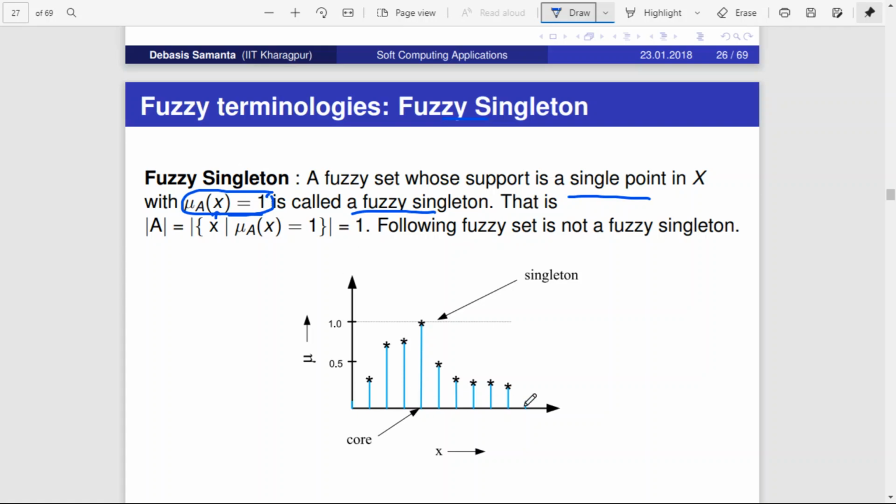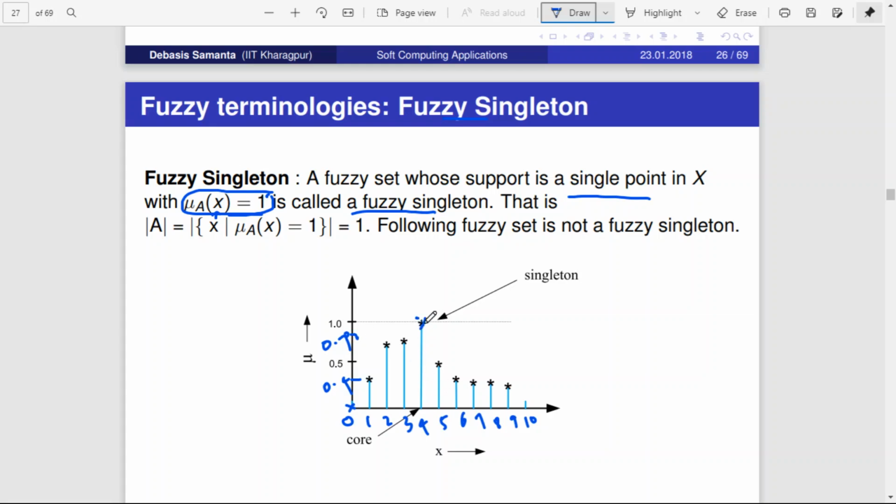Say, for example, this membership function behaves like this. This is not a continuous function, it's a discrete function. Let us assume these are the x values: 0, 1, 2, 3, 4, 5, 6, 7, 8, 9 and 10. For 0 it gives 0. For 1 it is 0.4. For 2 it is say 0.7. For 3 it is 0.8.